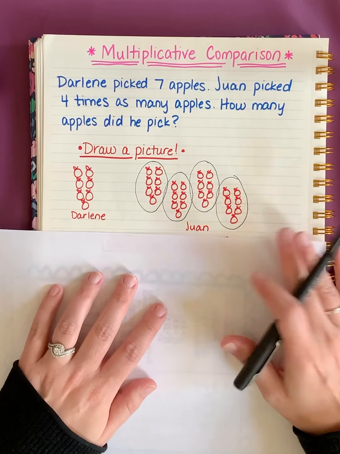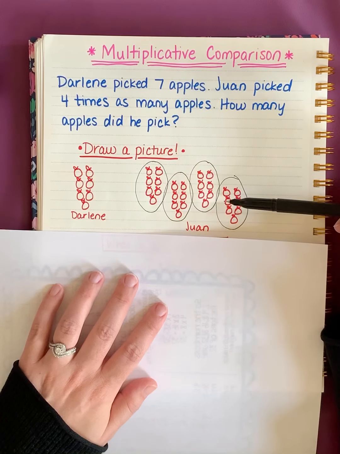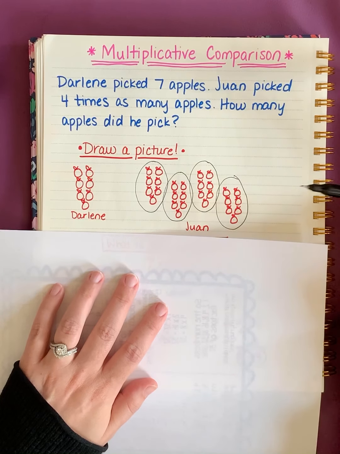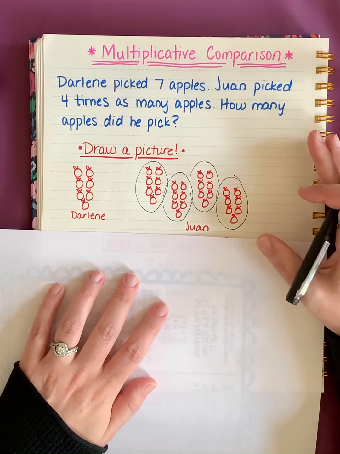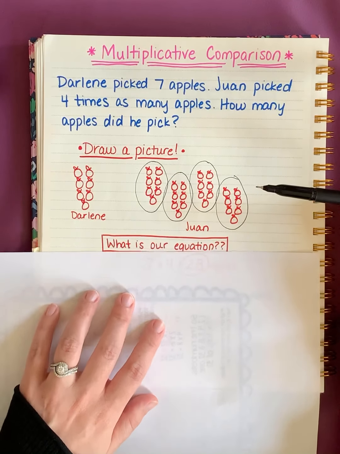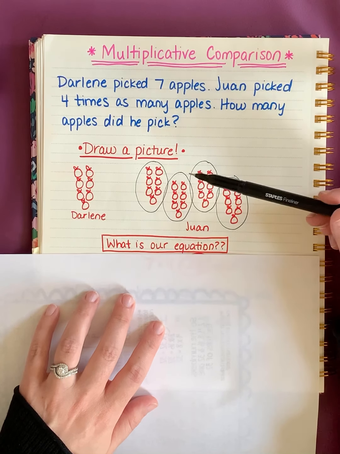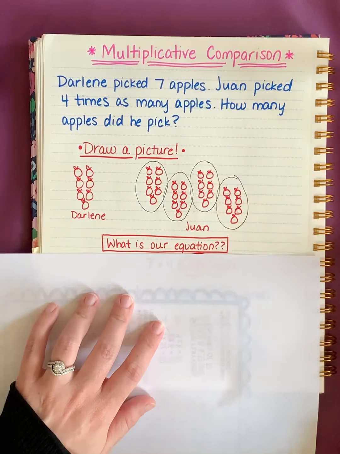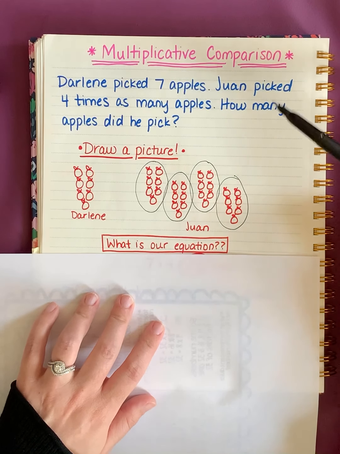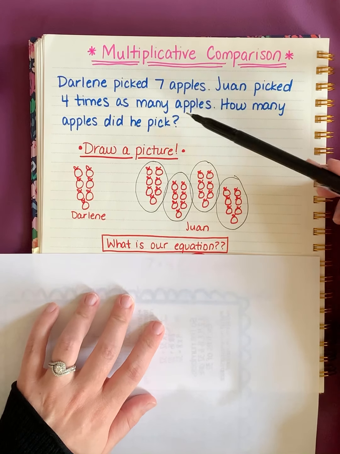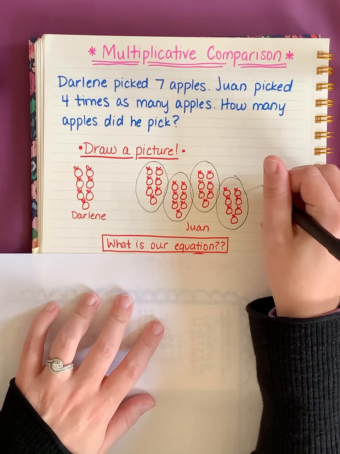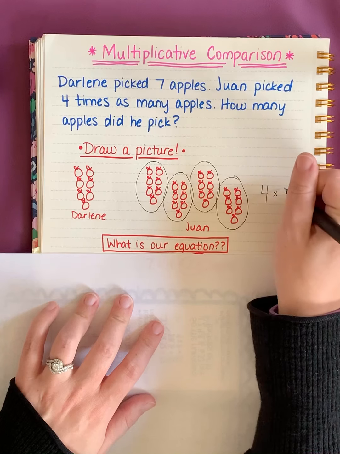All right, so once you have your picture drawn, you could always count by ones, but again, as I mentioned before, counting by ones is not a 4th grade strategy. So you gotta think, well, first off, what is our equation? Okay, so if you're looking at this, what would our equation be? All right, if she has 7 apples and he picked 4 times as many, we would have 4 groups of 7.